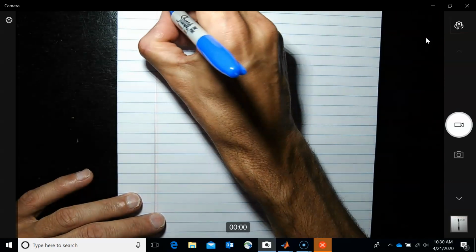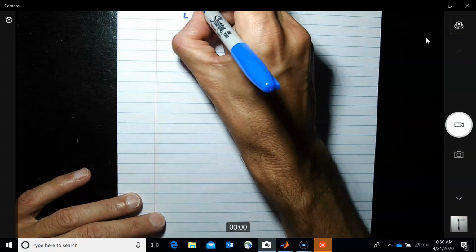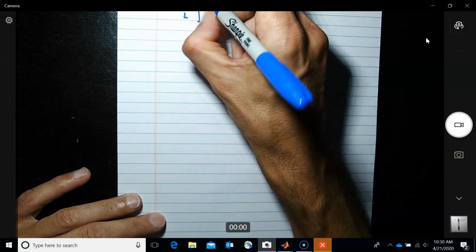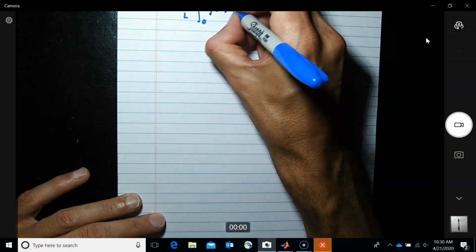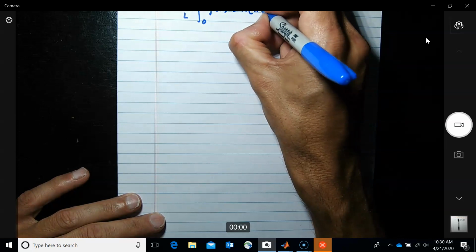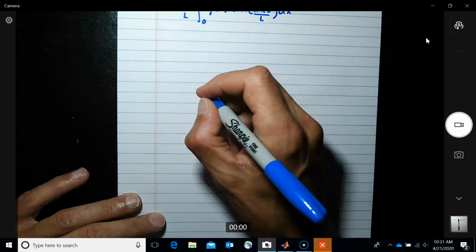We have a sub n equal to 2 over L integral 0 to L of f(x) sine(n pi x over L) dx.